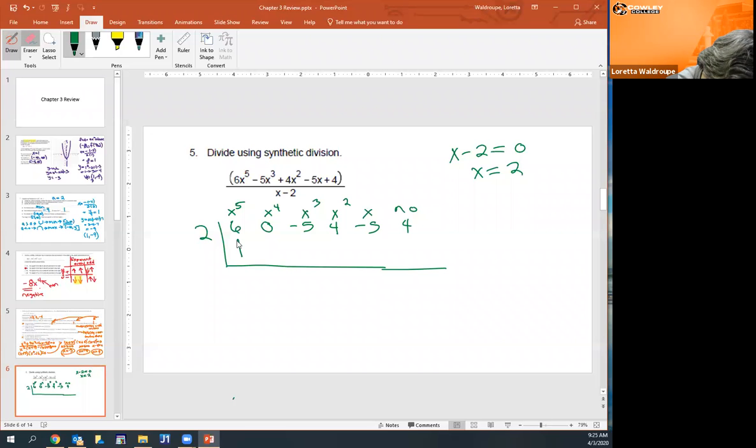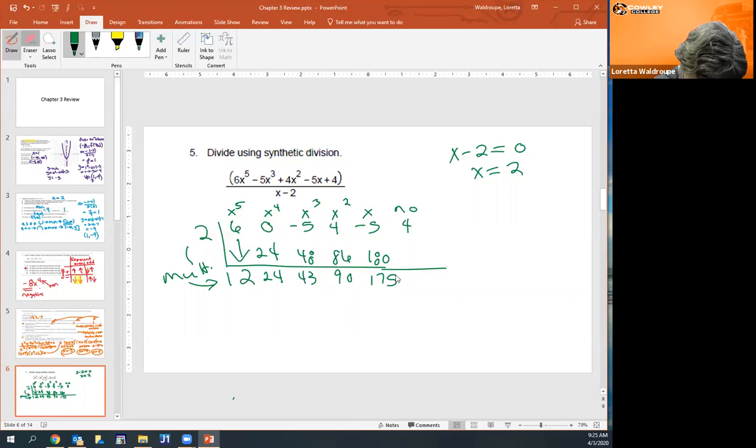Your first number you bring down and you do nothing with. And then you multiply times that number in front. So 2 times 12 is 24. You add, multiply times 2, add, multiply times 2, add, multiply times 2, add, multiply times 2.